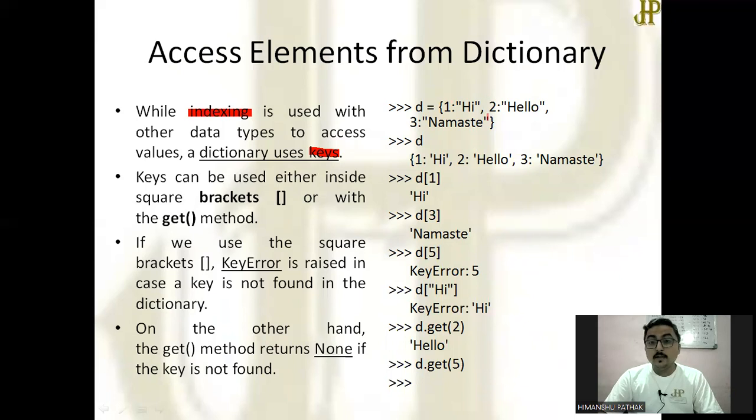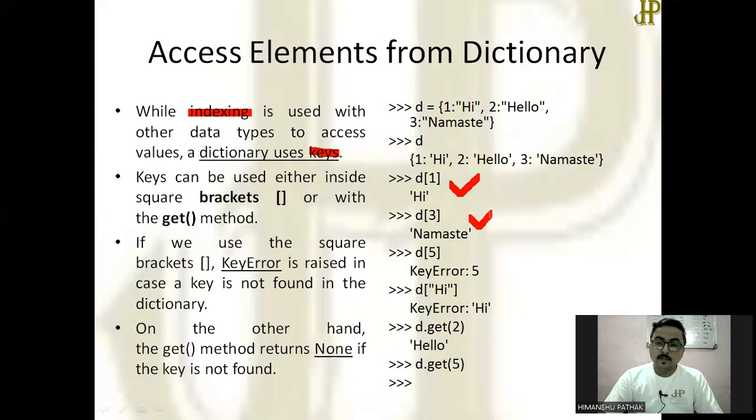Based on key 2, hello will be fetched. And based on key 3, namaste will be printed. So here I am going to try D of key 1. 1 is not the index. 1 is the key. So hi will be printed. D3, namaste will be printed.